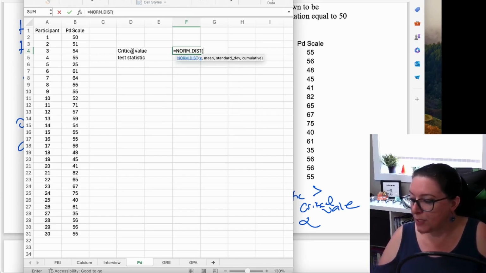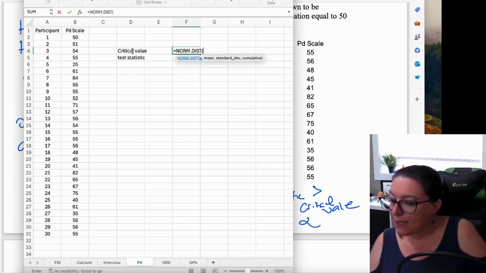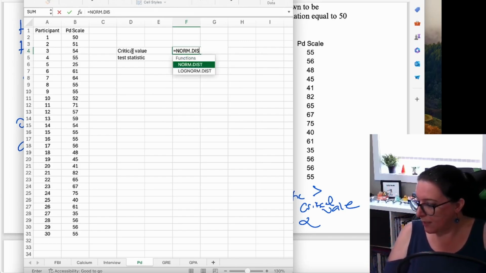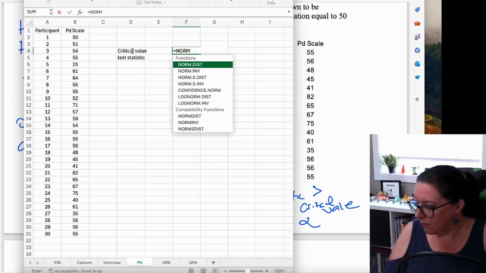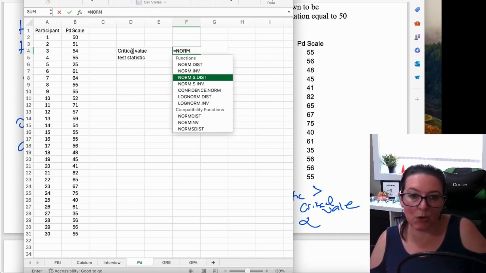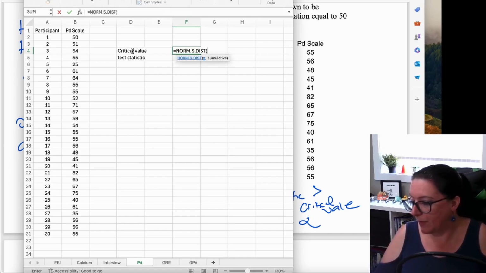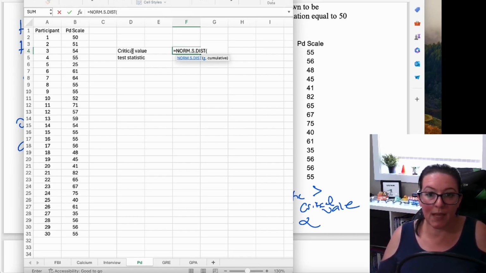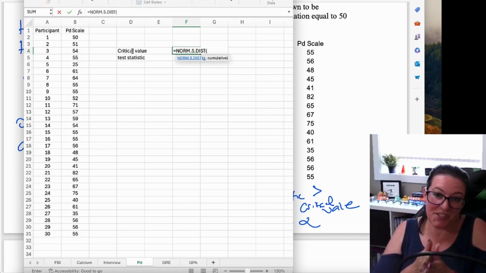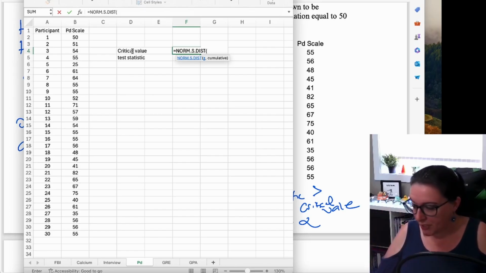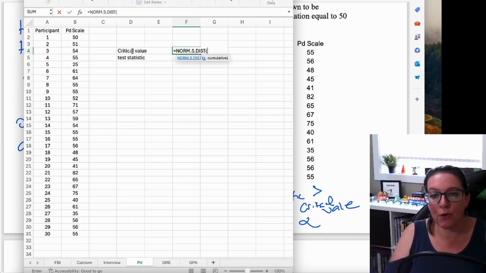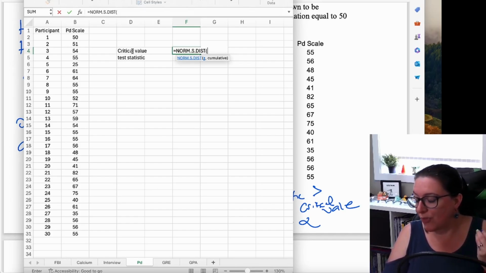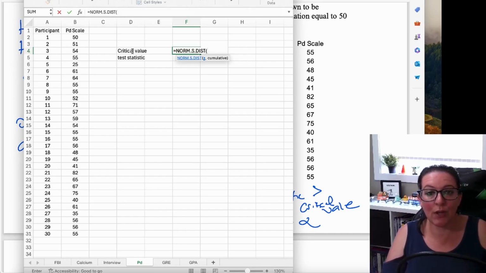So we go normal distribution. And we actually want the normal distribution from the standard normal table, okay? And that standard normal table, right, is where the center is 0 and we're looking at standard deviations. So we want to know the critical value. We're looking up the z as opposed to looking up the probability.